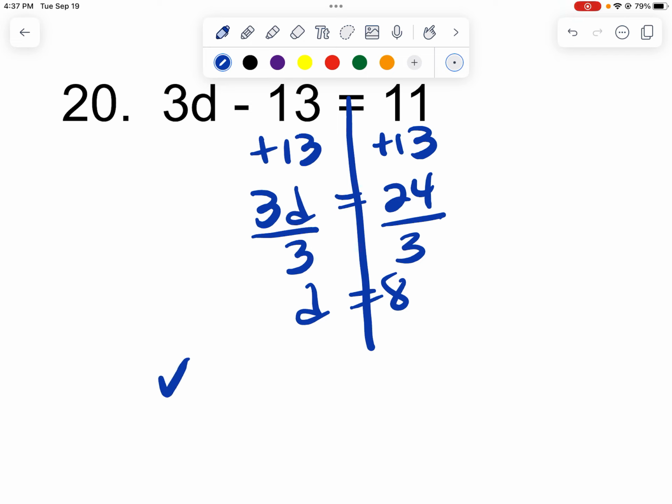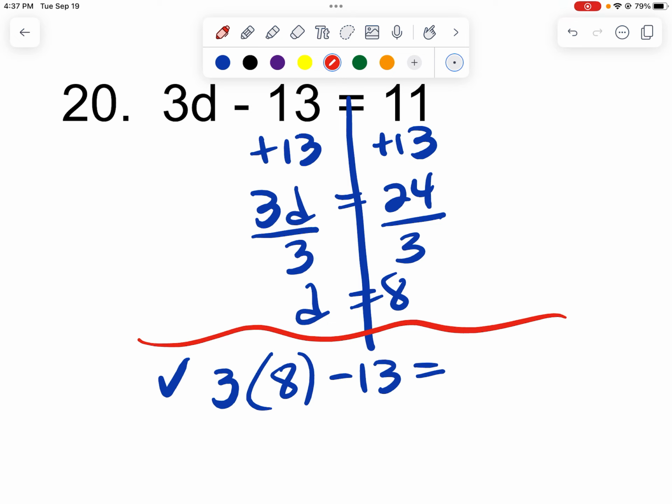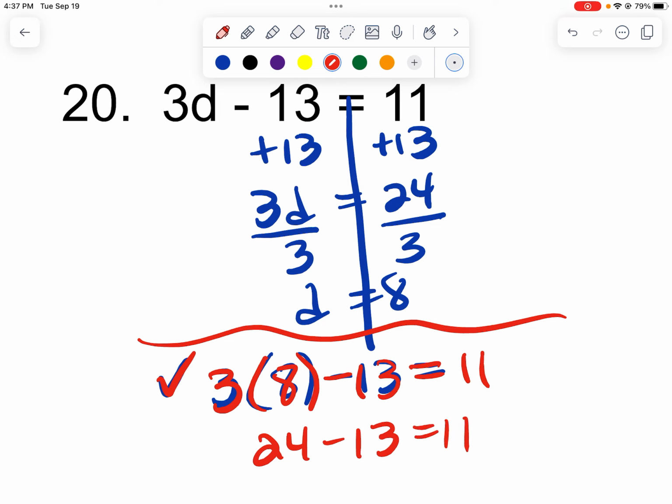Then 3 times 8 minus 13 equals, I was supposed to do that in red. That would be 24 minus 13. That would be 11 equals 11. It works, so d equals 8.